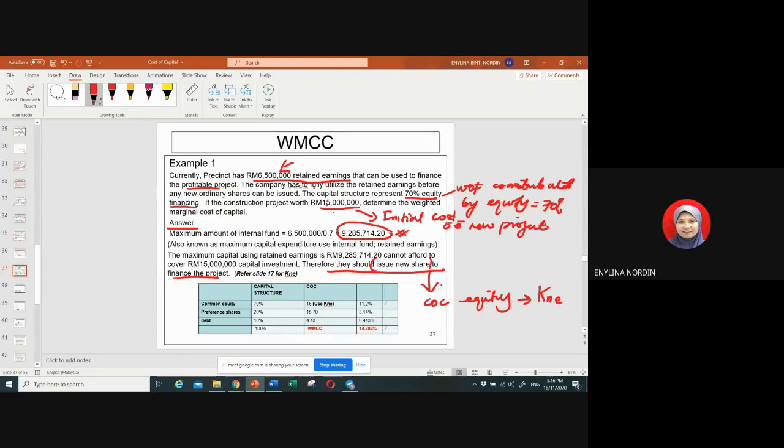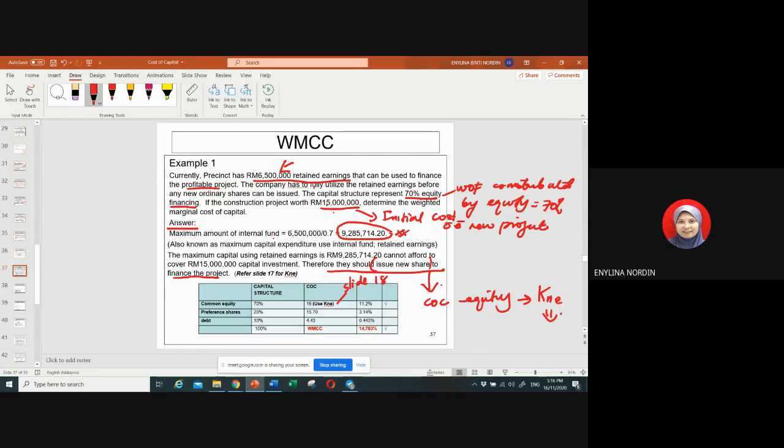This one is already calculated. We use the example that we have done before, and we can refer to slide number 18. Here you can refer to slide 18.